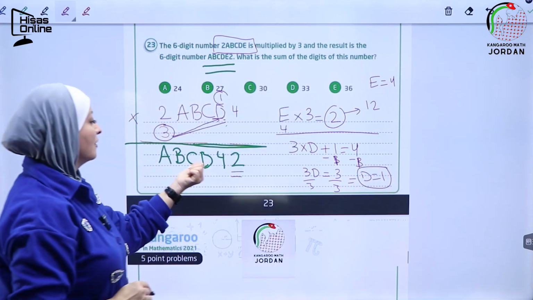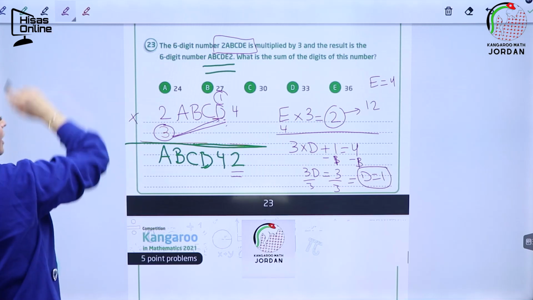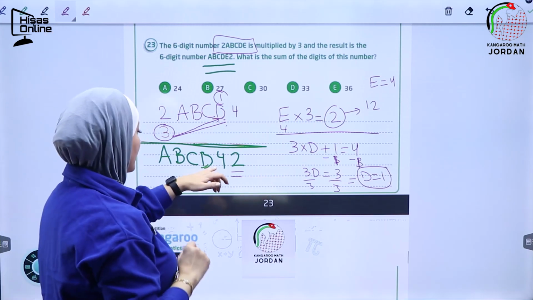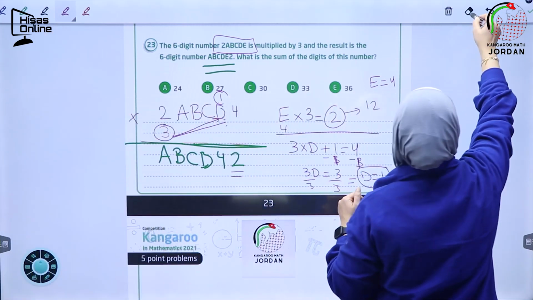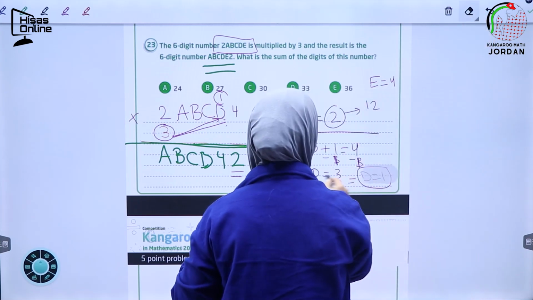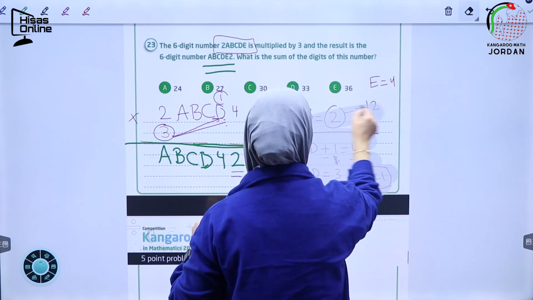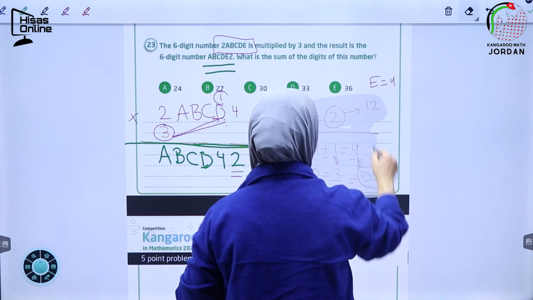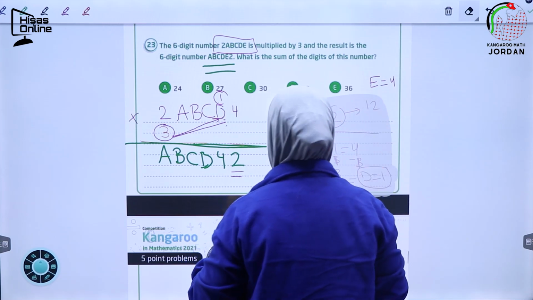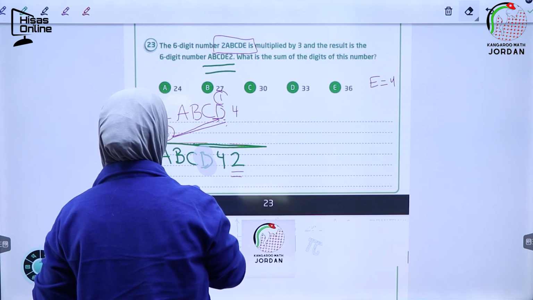This is my third number to figure out. So I will erase everything, and I'll keep D equals 1 here.